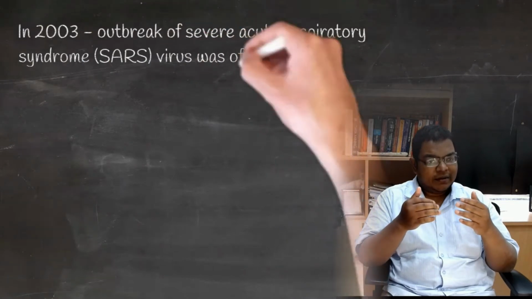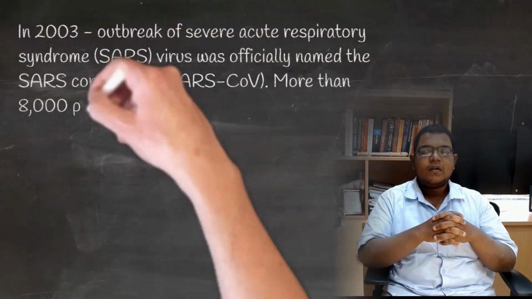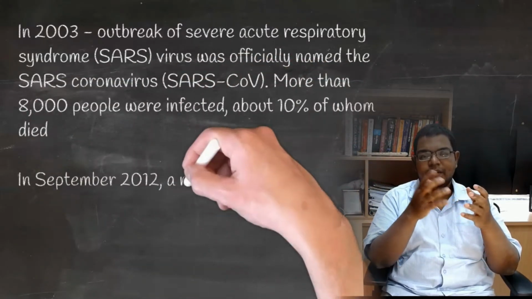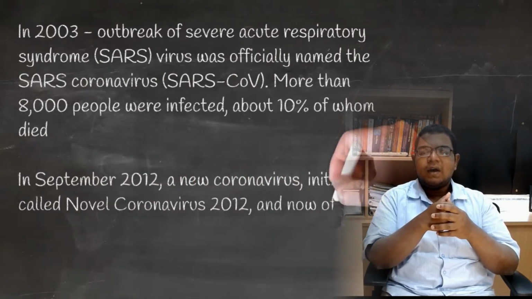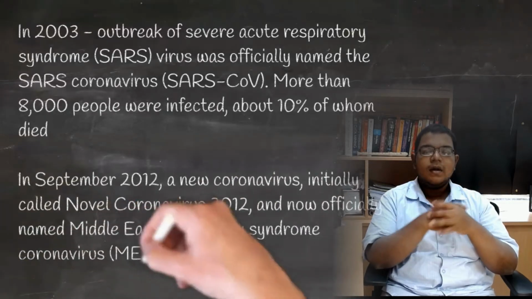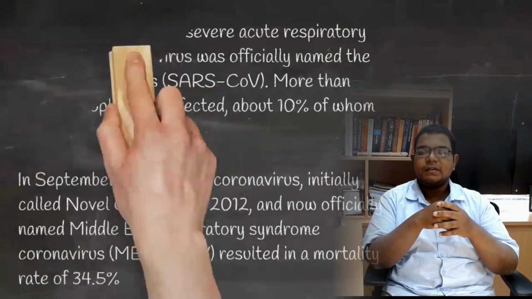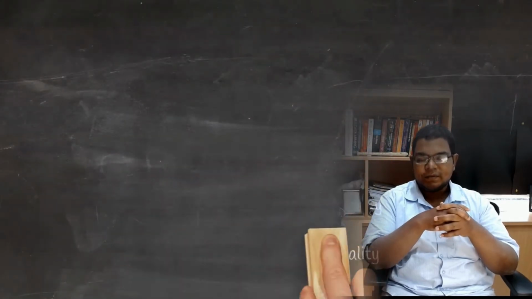But what happened in the course of time? Severe acute respiratory syndrome coronavirus, or SARS-CoV, caused an epidemic called the SARS epidemic. And the Middle East respiratory syndrome coronavirus, MERS-CoV, these two are also coronaviruses that were highly pathogenic and were the cause of high death rates in the 21st century.